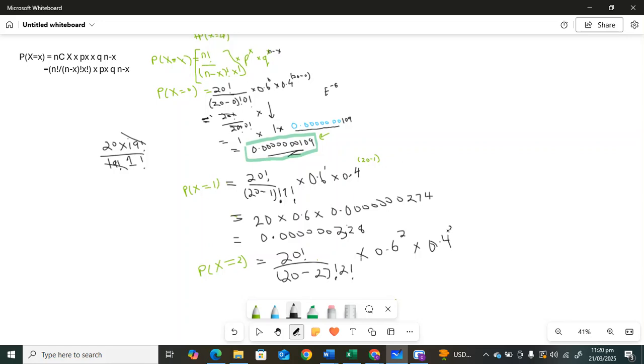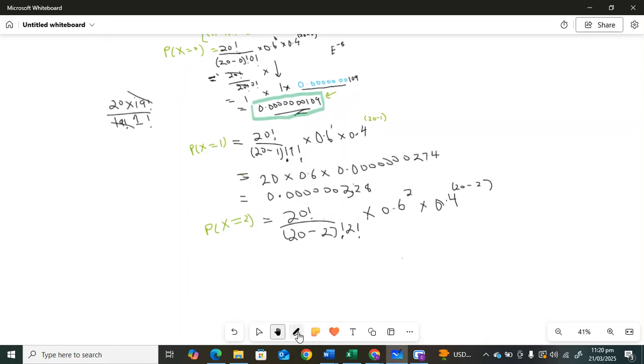So n minus x, that is 20 minus 2. So we solve again. Here we have 20 factorial. We solve this on the side. 20 minus 2, that is 18 factorial, 2 factorial.